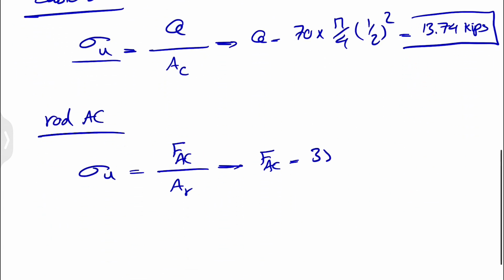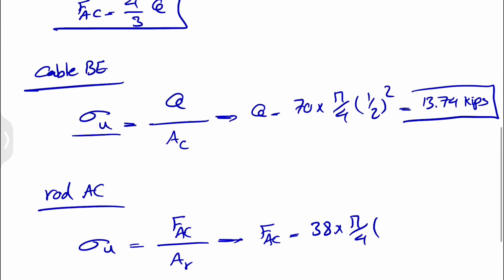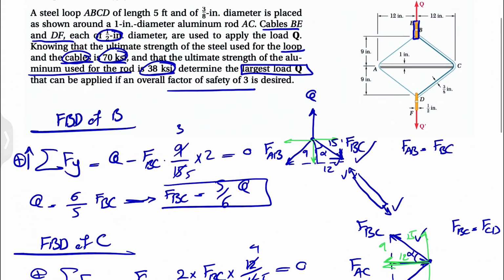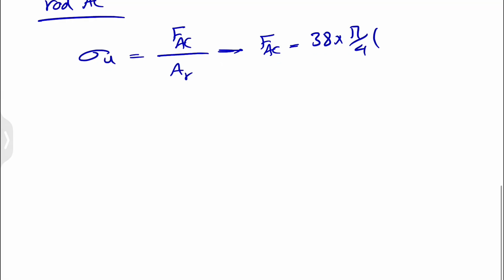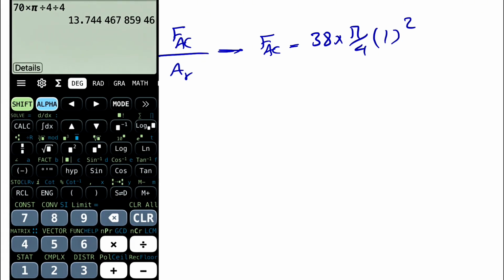So we have 38 times pi over 4, and we need to find the diameter of the rod AC, which if we look at in the second line, we know it's 1 inch. So 1 to the power of 2. So FAC in here would be 38 times pi divided by 4.